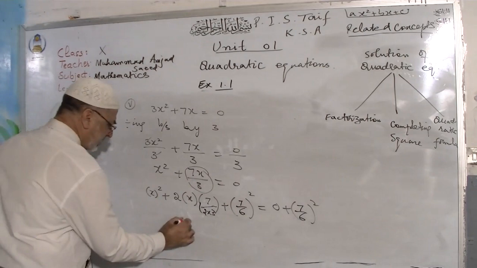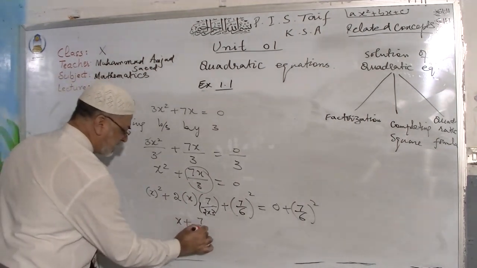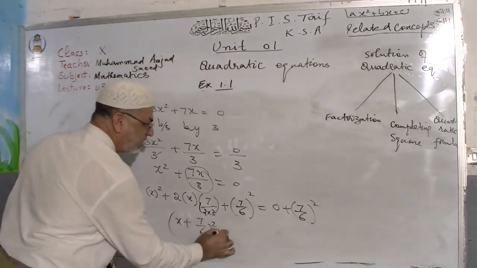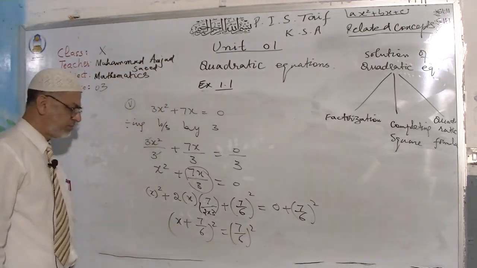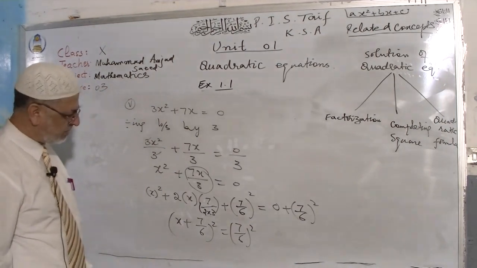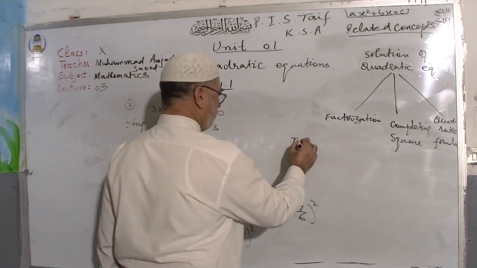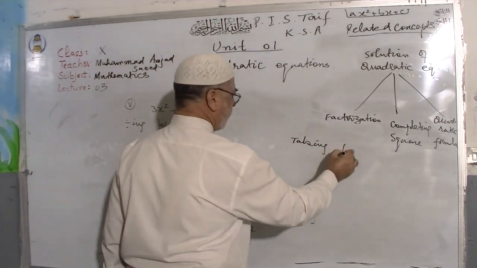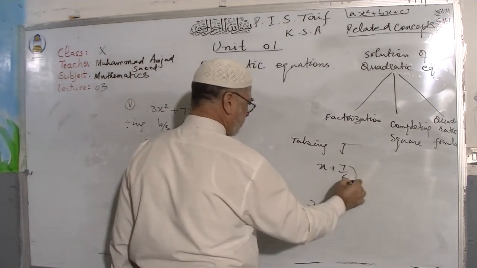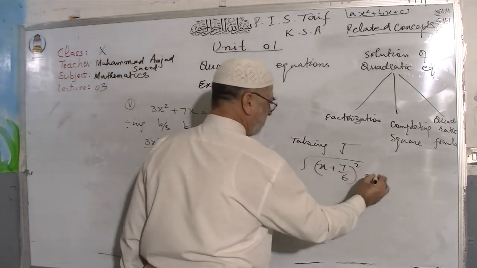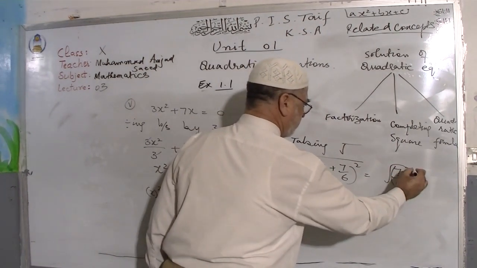Here is the positive sign in the center. From here this is x. Here is 7 over 6 whole square, is equal to 7 over 6 whole square. Taking square root on both sides, x plus 7 over 6 whole square under root, 7 over 6 whole square under root.